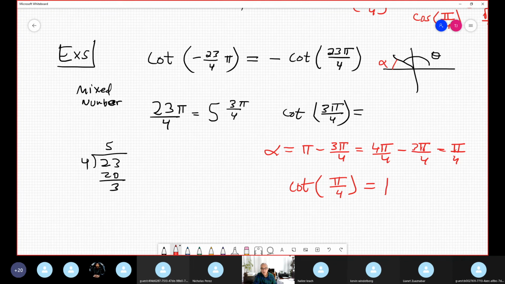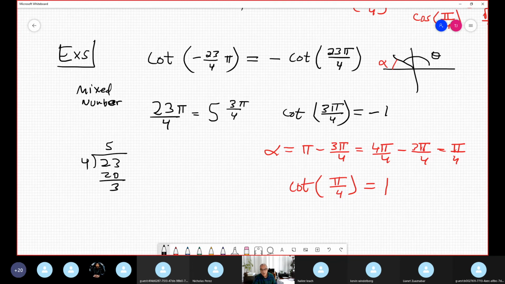Now, wait. Are cotangent and tangent in the second quadrant positive or negative? Negative. Okay. Therefore this answer is -1, because I know that 3/4 pi lies in the second quadrant and the answer is negative. But be careful because my original problem is negative 23/4 pi.